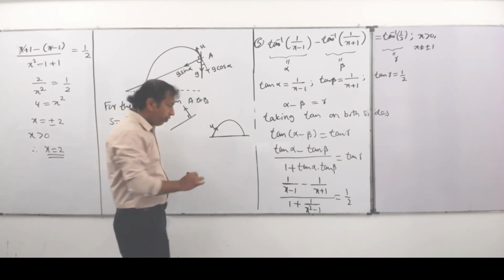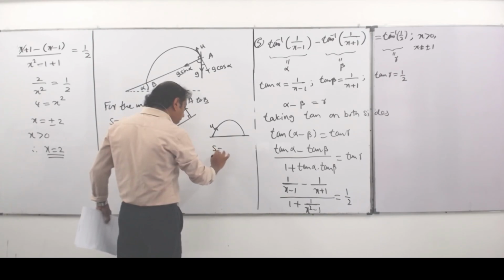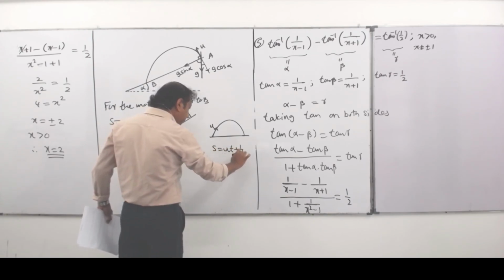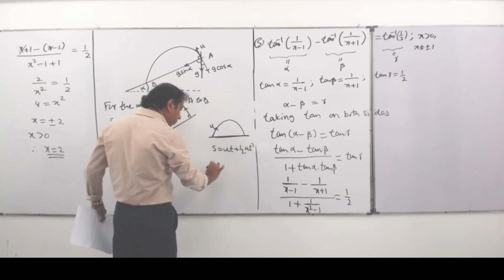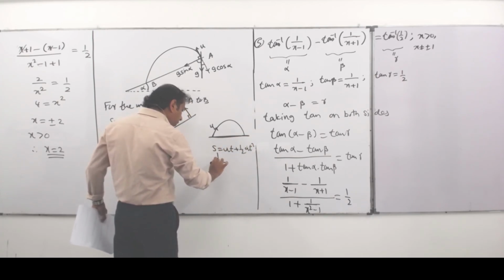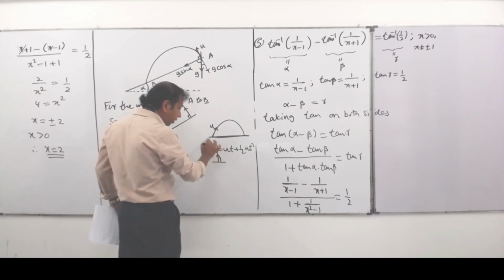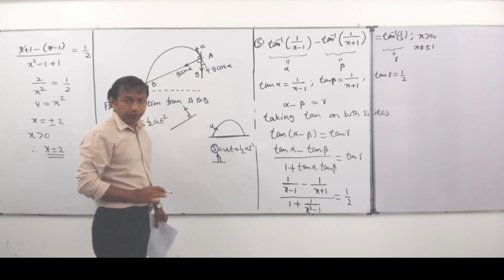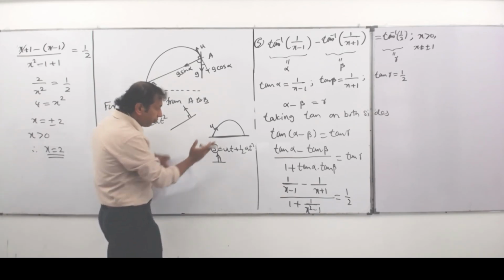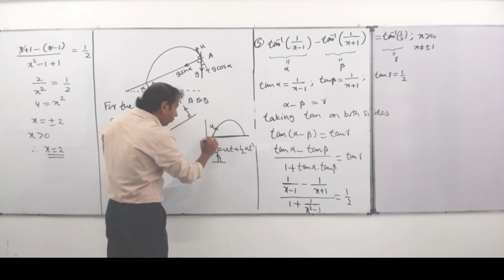Then, when we apply S equals ut plus half at squared for this motion perpendicular to the ground, upwards like this, we know this S becomes 0.